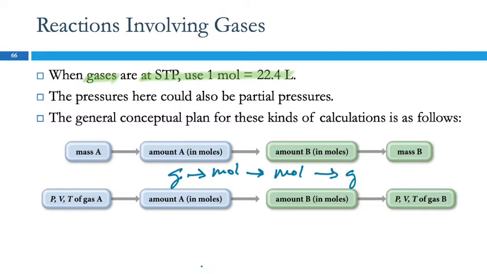There's just so many different combinations, but they're all just variations on this one idea. Grams to moles to moles to grams. If you understand dimensional analysis, that gives you your path. The units tell you where to put the numbers. It's a very doable thing, and this is one of the central things in Chem 1A.